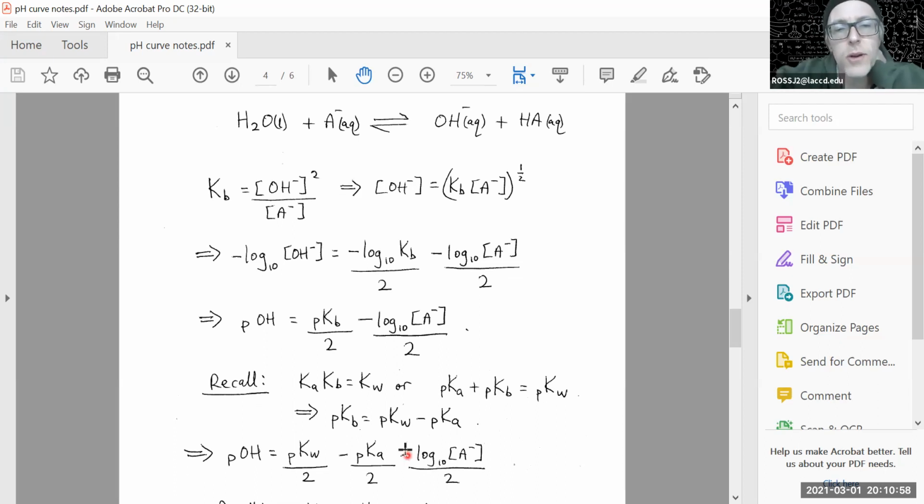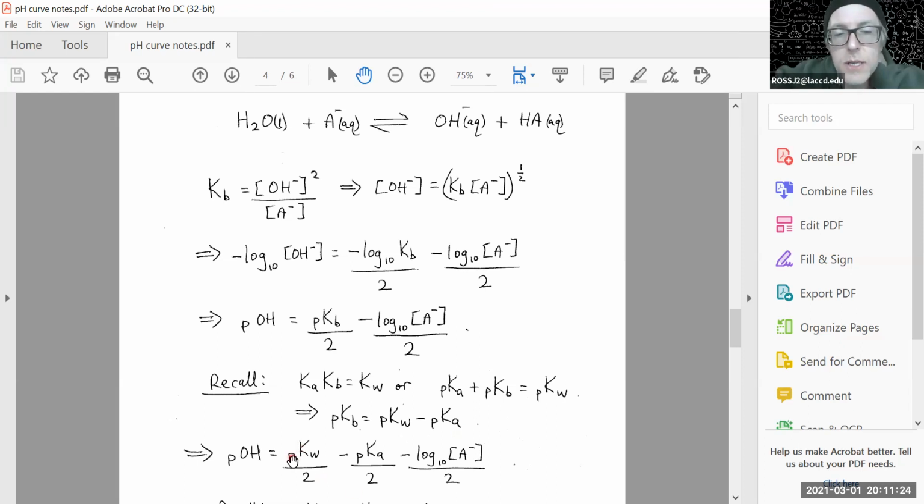So what I'm going to do is take my expression here with pKb and substitute in pKw minus pKa. So I have pOH, and then I look at my term here, pKb over 2. Well, that just becomes pKw minus pKa divided by 2.